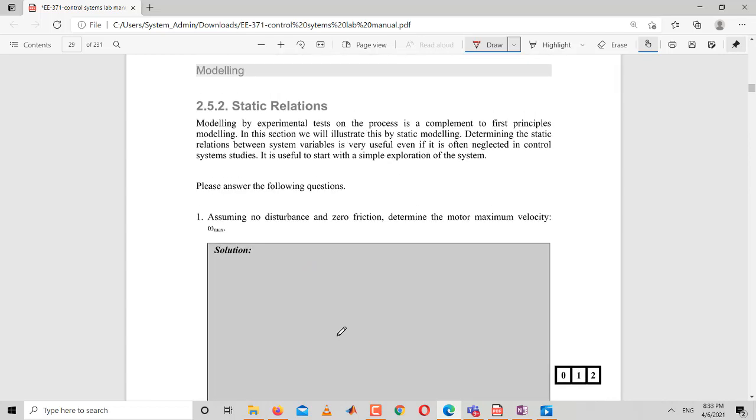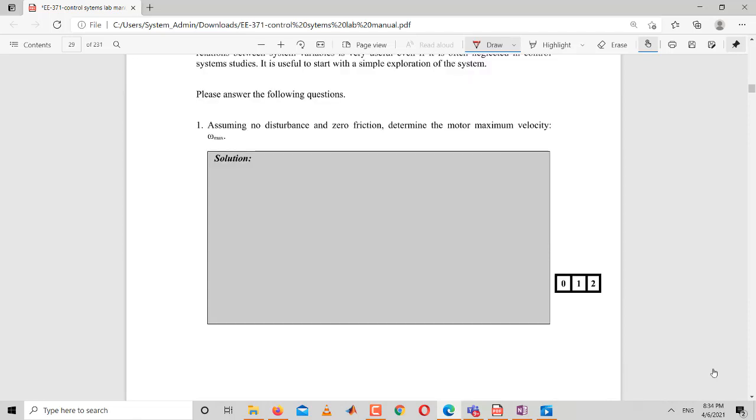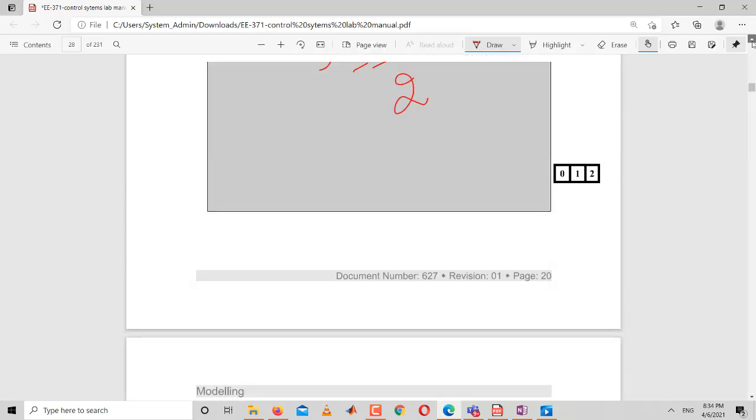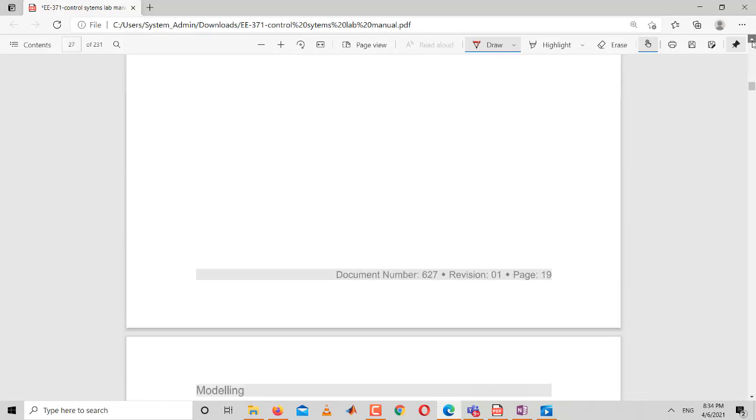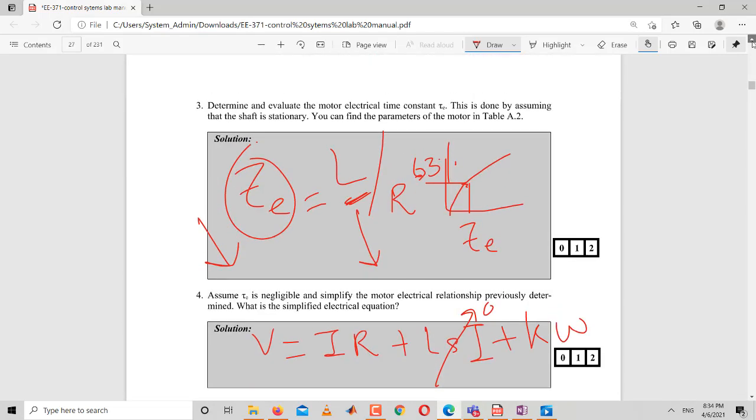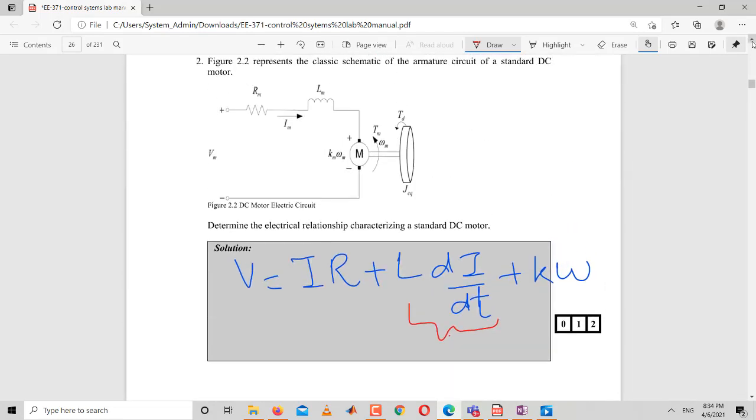Okay, after this, now we have to derive some static relations. In this question, we have to assume that there is no disturbance, which means there is no tau d, and there is no friction as well. We have to determine the motor maximum velocity. What do we mean by no disturbance or no movement?